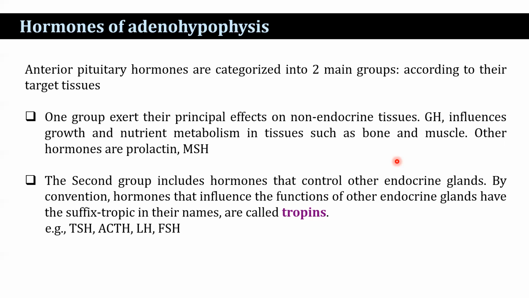Other hormones are prolactin, melanocyte stimulating hormone, etc. The second group includes hormones that control other endocrine glands. By convention, hormones that influence the function of other endocrine glands have the suffix tropic in their names. They are called tropic hormones: thyroid stimulating hormone, adrenocorticotropic hormone, luteinizing hormone, follicle stimulating hormone, etc.